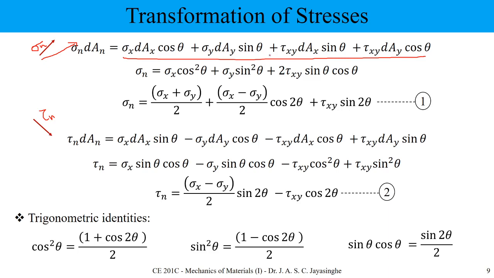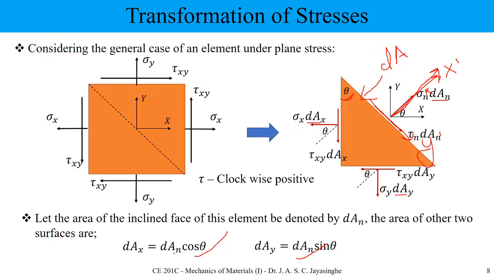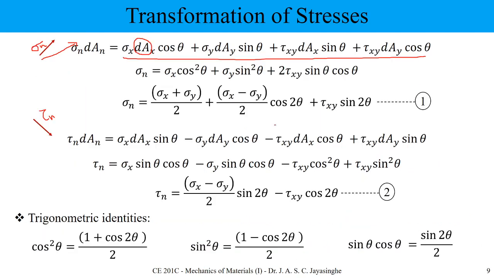These are the forces that will come from this line. Now I can replace dAx by dAn cos theta, and dAy by dAn sin theta. Replace these, and you end up with this, using the triangular relationships.